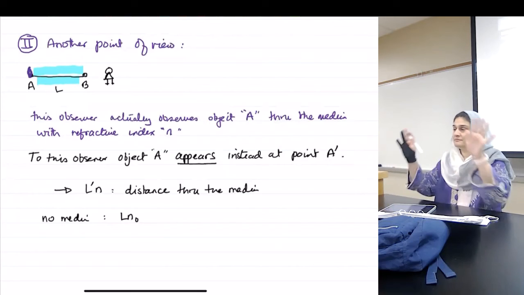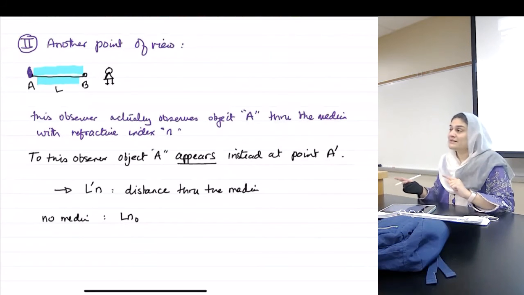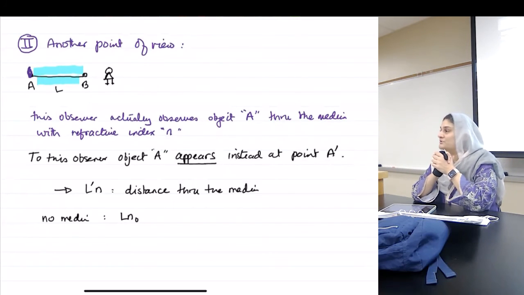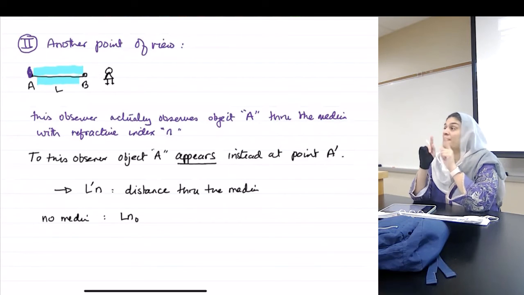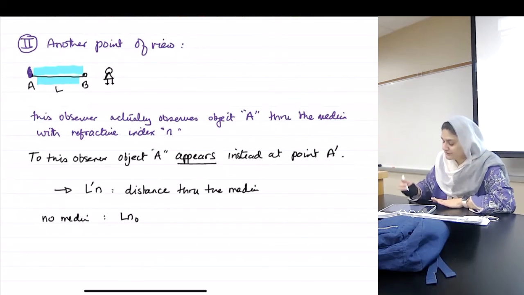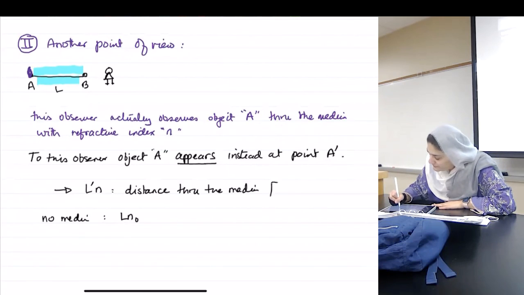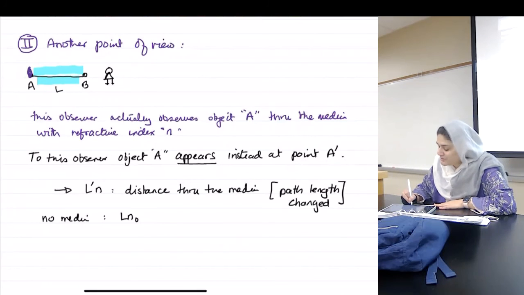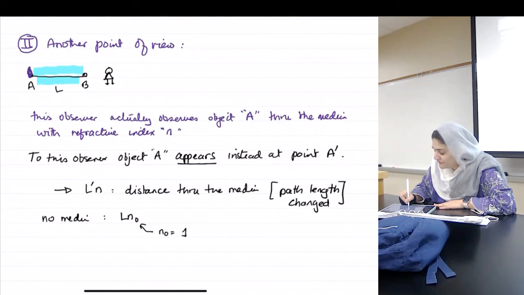That's without the medium. But as soon as I put the medium in, the placement of that observer changes. So that means the path length is actually different. So I'm going to say the path length has changed. And when there's no medium, what is N0? 1 for air.